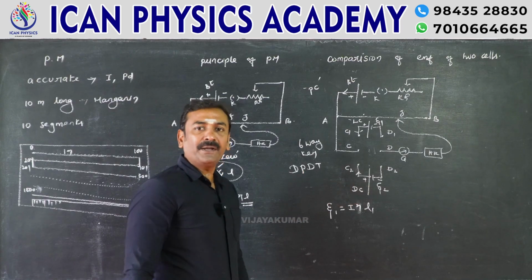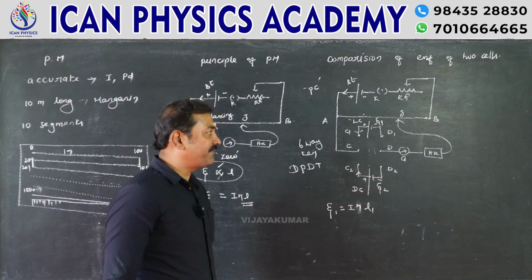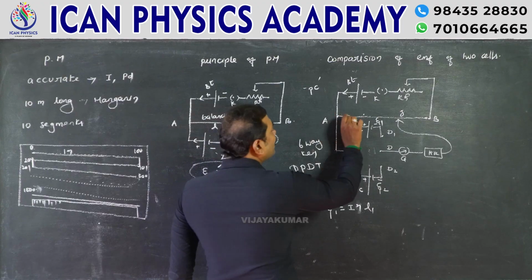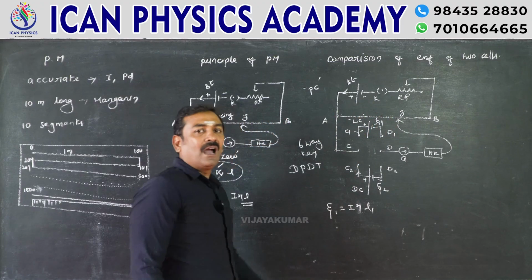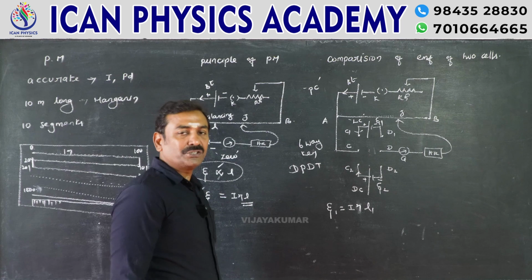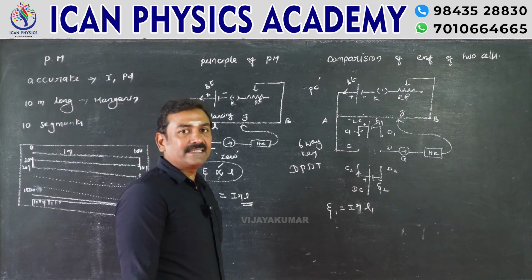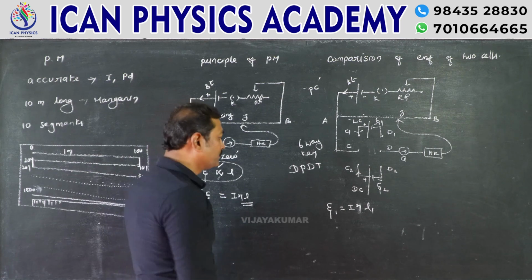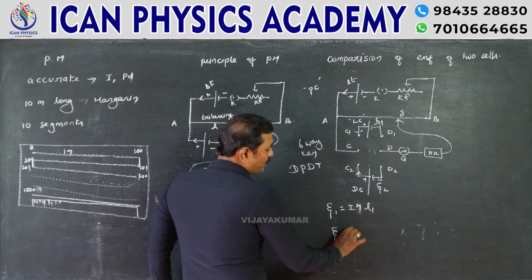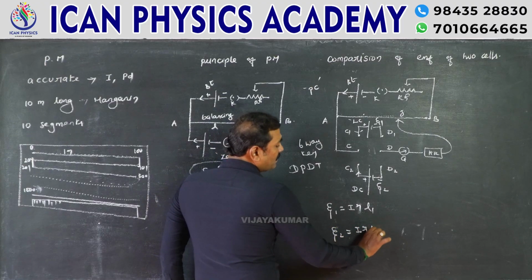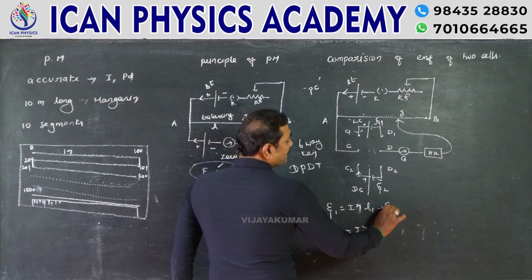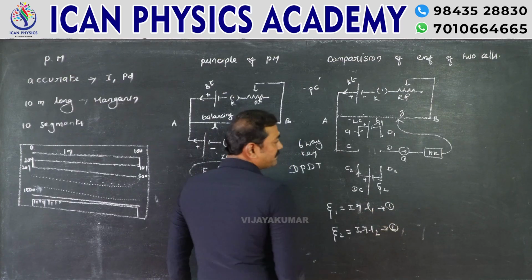When it touches nearby B, it shows the opposite deflection. When it is moving over the 10 meter long wire, at one particular point, it shows zero deflection and the balancing length is measured as L2. Then Psi2 equal to IRL2.